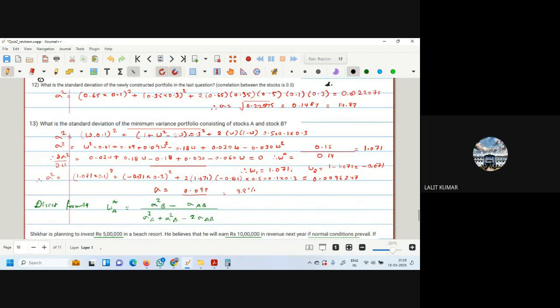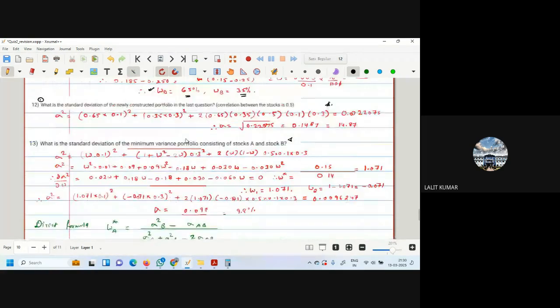What is the standard deviation of the minimum variance portfolio consisting of stock A and stock B? So what is this concept? Minimum variance.